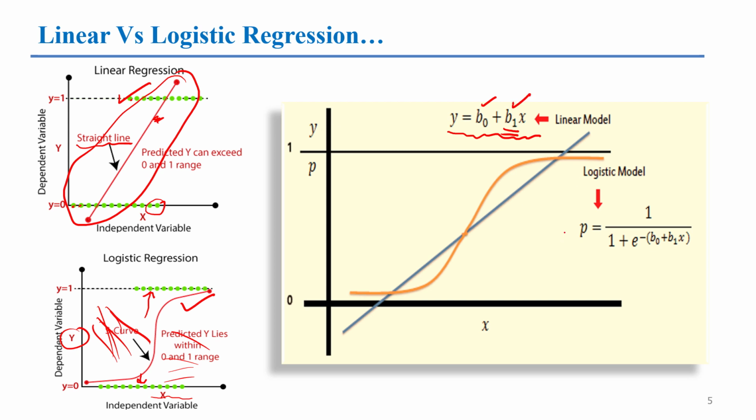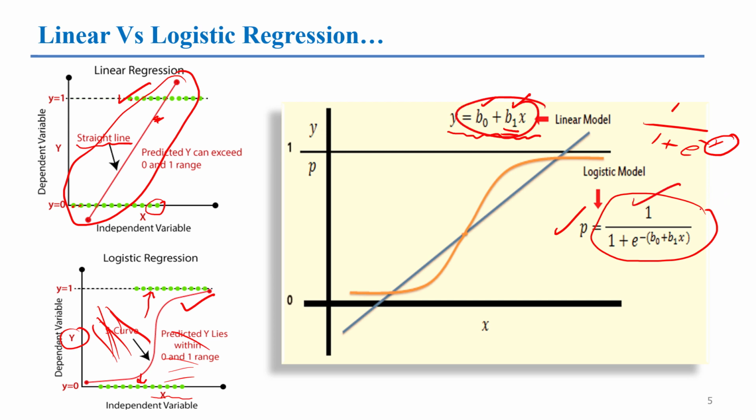Okay, so this is how we can find the logistic regression model. P is the probability of Y which we are predicting, and this is the sigmoid function, which is 1 over 1 plus e to the power minus Y. And we replace the Y with this equation. So that is called logistic regression, right?